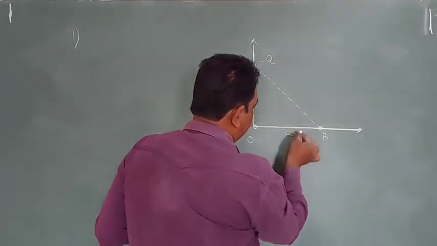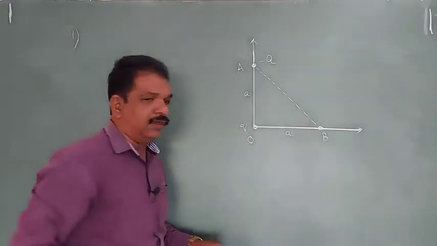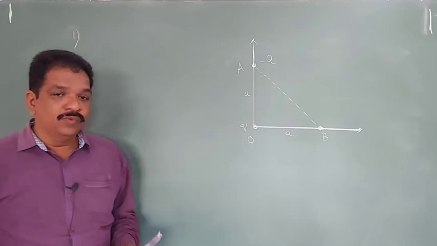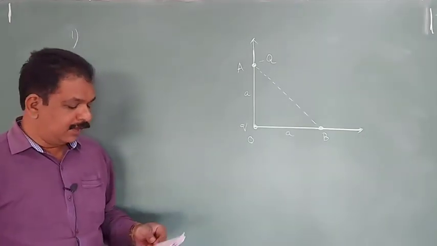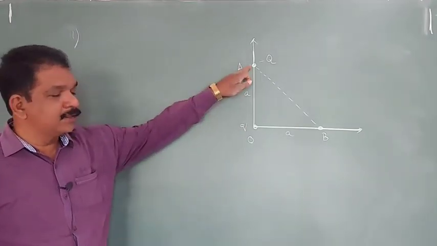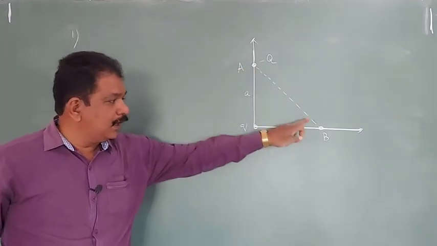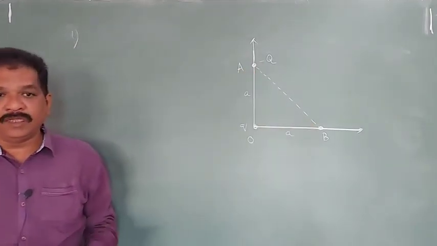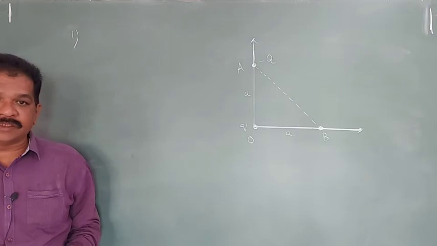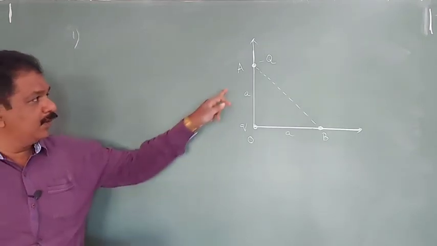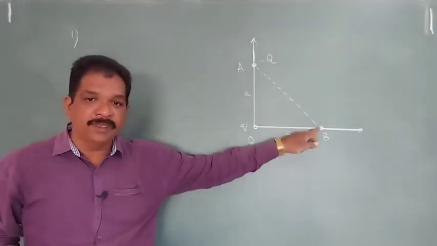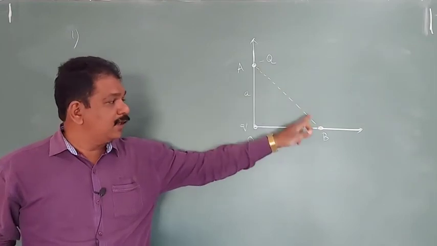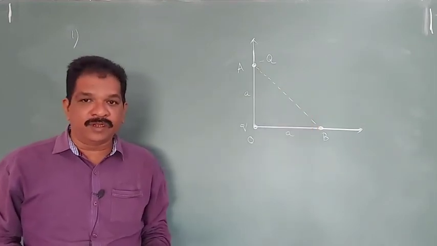This is A, this is also A. We are moving a charge minus Q from A to B. What is the work done? That is the question. We are moving a charge minus Q from A to B. What is the amount of work done?